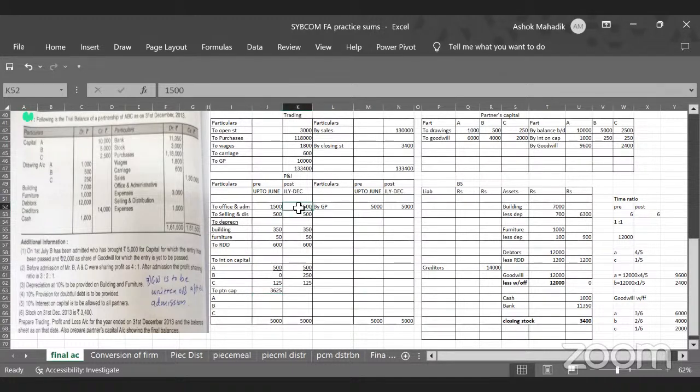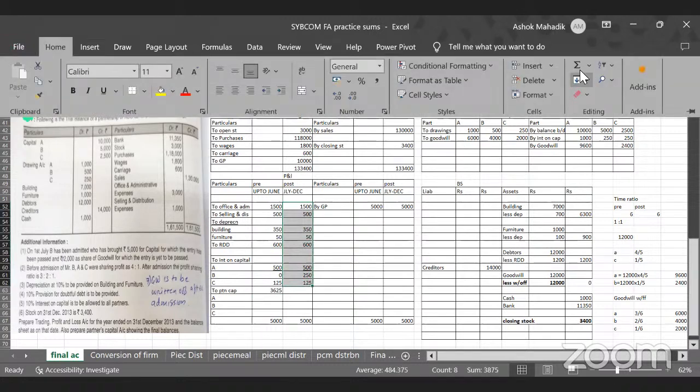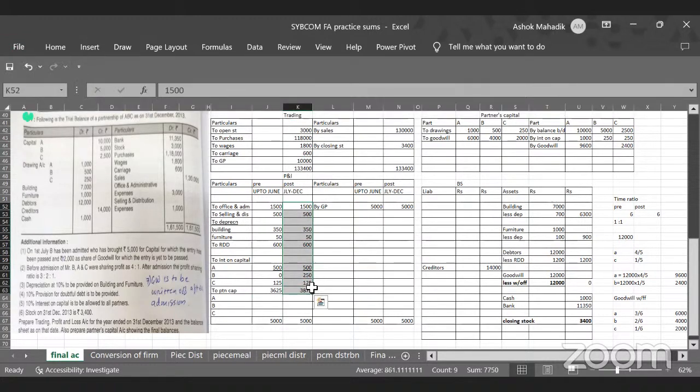This side total, 387. Okay. This total of debit side of P&L. Okay. Now we'll come to know how much profit is there, isn't it? Okay. So 5,000 minus 3,625 will give me profit figure. I'll do it below P&L. 5,000 minus 3,625. Okay. Same way for post column also I'll do it.